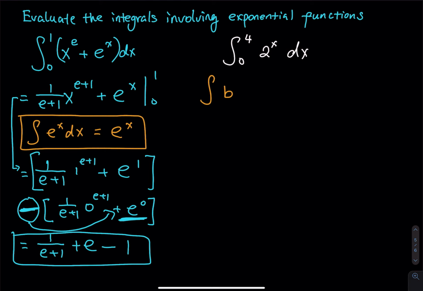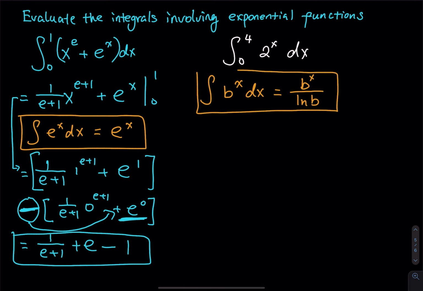The variable is in the exponent. This is an exponential function. So how do you deal with this kind of integral? That is equal to b to the x itself divided by ln b. This is another formula that you will have to take away in this lesson.